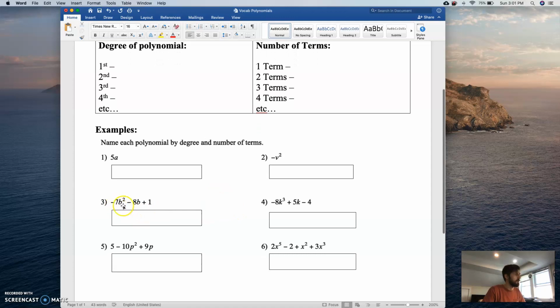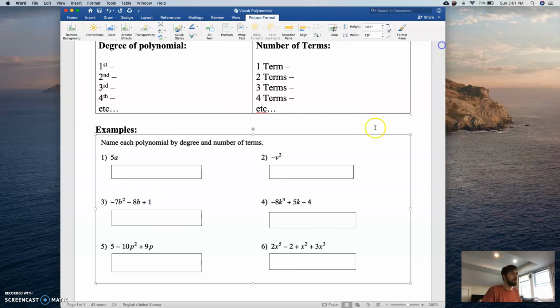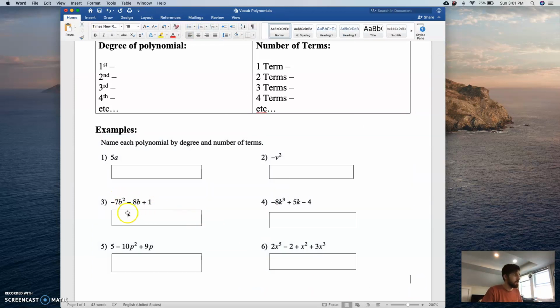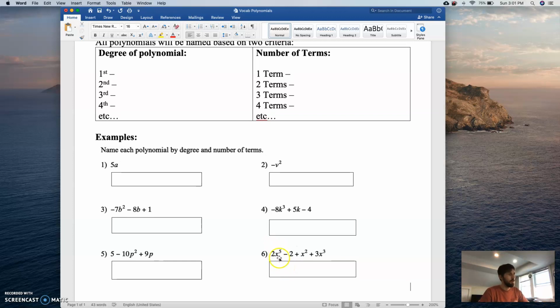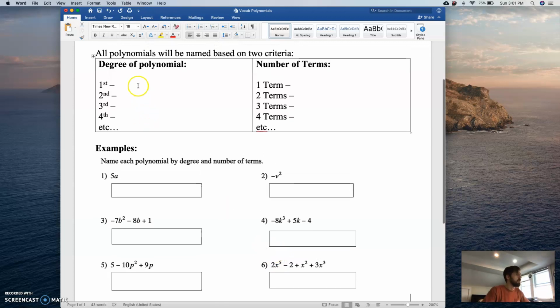If you look down here, the 7b squared minus 8b plus 1, the highest power is a 2, because 2 is obviously bigger than 1. Something like over here on number 6, you can see that there's a 2, a 3, and a 5. The 5 is the highest power, so the degree of that polynomial is a 5.